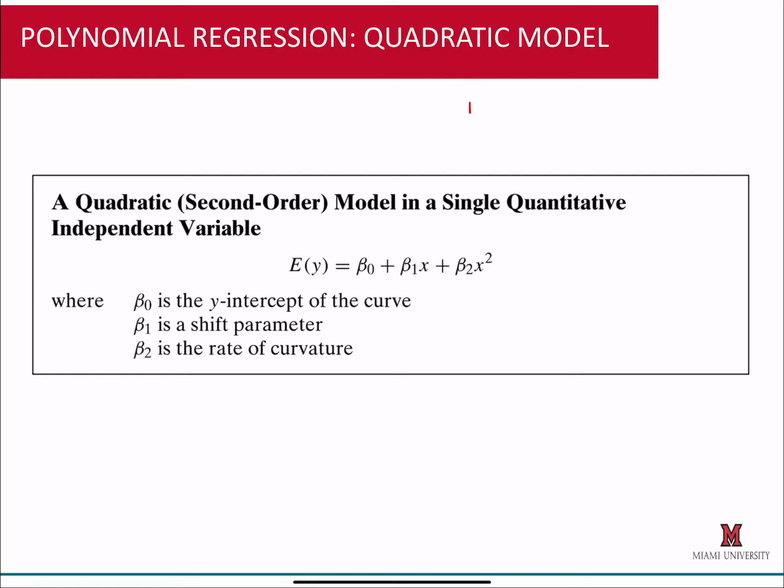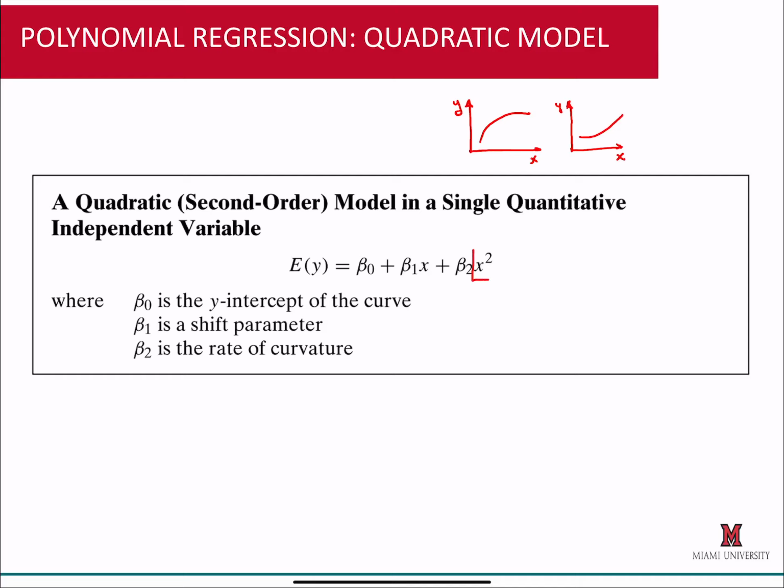So for instance, if we have y and our x variable, and the relationship doesn't look like it follows a line, but instead follows a curve, either concave up or concave down, then it is possible that the relationship can be modeled by including what we call a quadratic term.